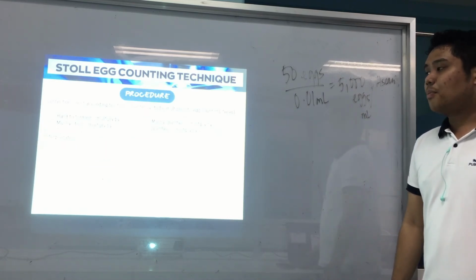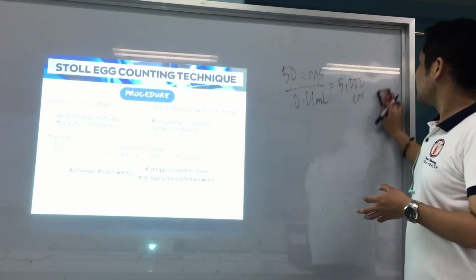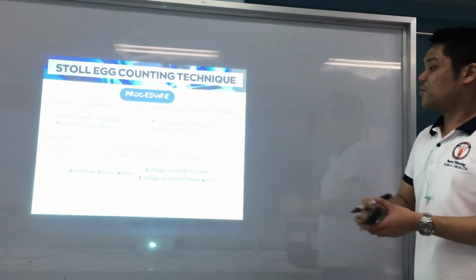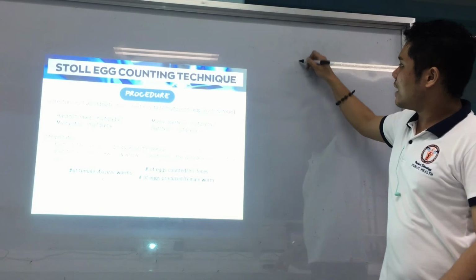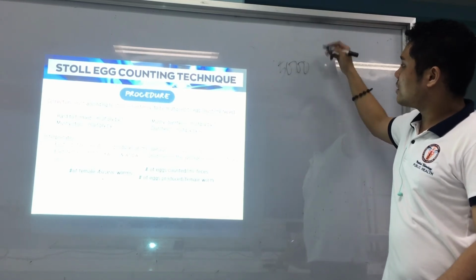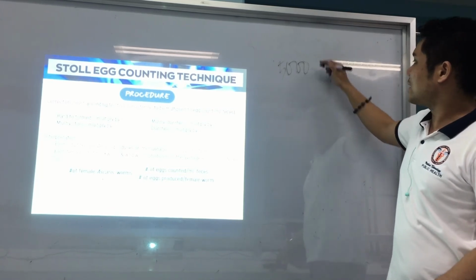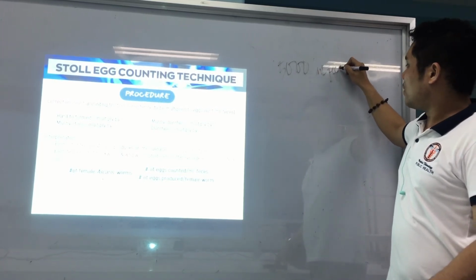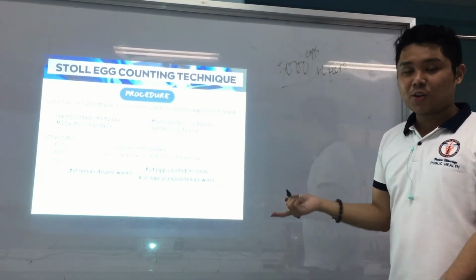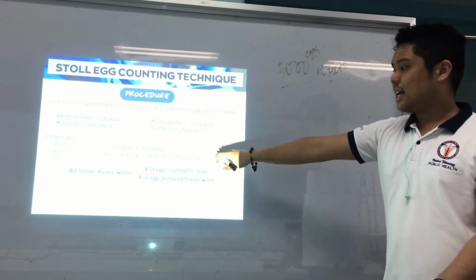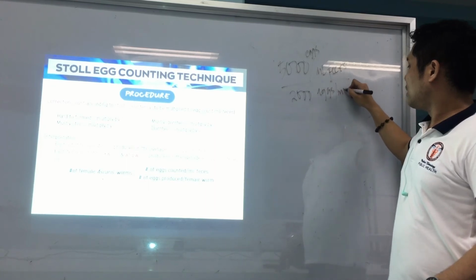So, to calculate the worm burden, the number of eggs per ml of feces, 5,000, over the number of eggs produced per female worm, which, since it's Ascaris, is 2,000 eggs per ml of feces.